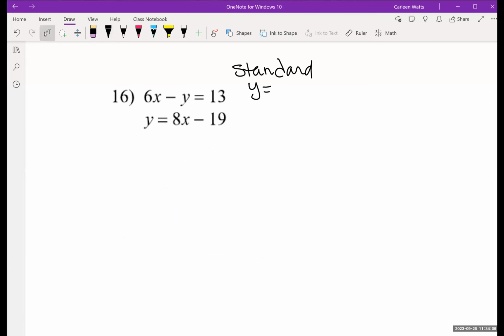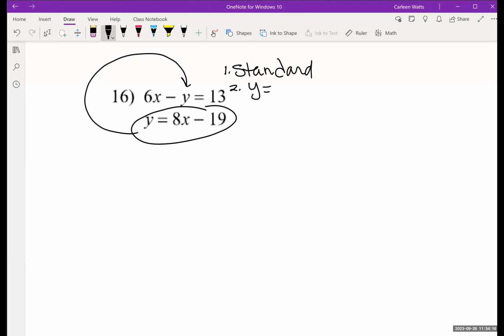Now, I have one equation in standard form, the second equation in y equals form. So we're going to plug this one in to the standard form one. So 6x minus y is equal to 13. So we're going to take out the y, put in parentheses.